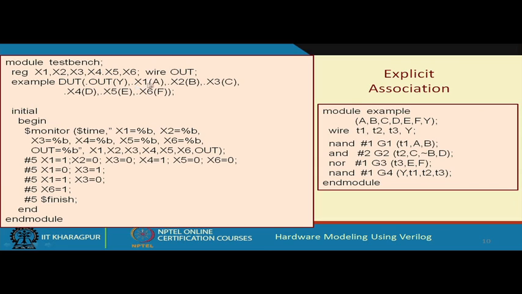Similarly, I write dot A within brackets x1, that means x1 is connecting to A, then x2 is connecting to B. Although we have to write more, we can clearly see which variable is getting connected to which parameter of the module that you are instantiating. These can be put in any order, not necessarily A, B, C, D, E, F. I can put F first, then D, then A, then C. So, the order is not important here. This is one way to specify the parameters in instantiation.